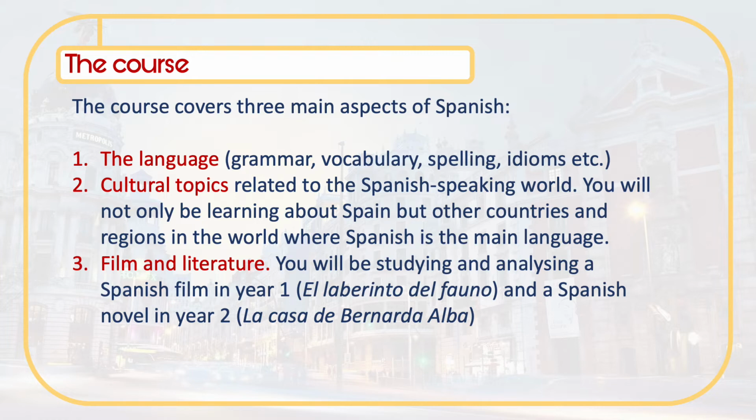In year one, you will be studying and analysing a film, in this case El laberinto del fauno, Pan's Labyrinth, and in year two we will move on and revise and learn La Casa de Bernarda Alba by Federico García Lorca. If COVID allows us, I would like to take you to watch a live performance of this wonderful masterpiece from the 20th century.